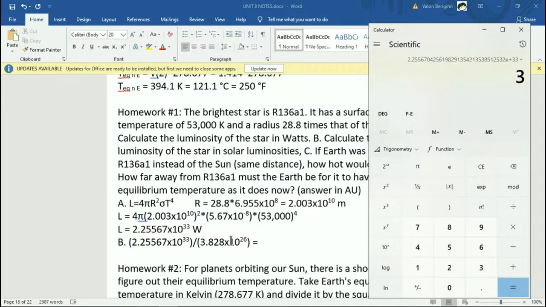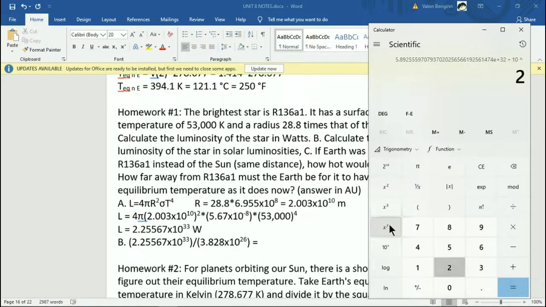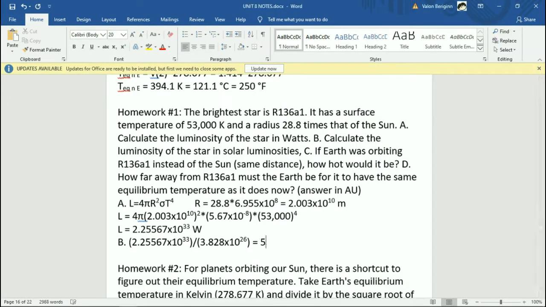So divided by 3.828 and divided by 10 to the 26. We do this here. So we have a star that's about 5,892,556 solar luminosities. So in other words, this star is 5,892,556 times brighter than the sun.